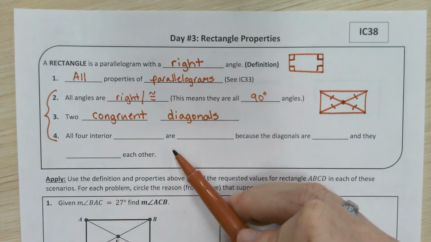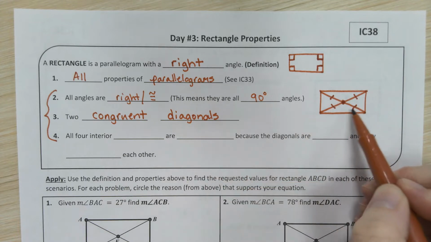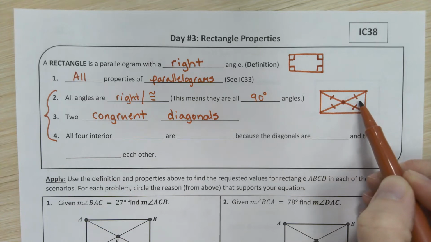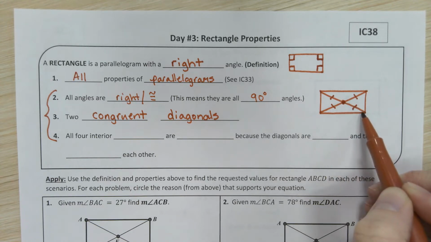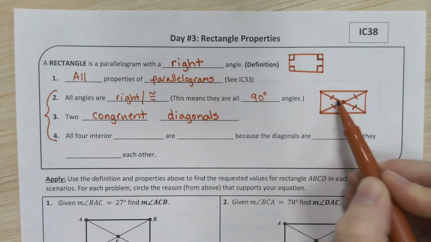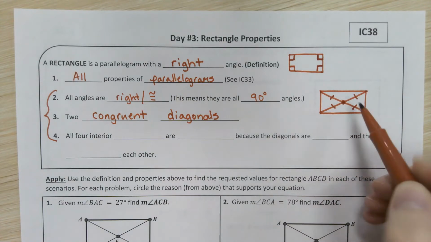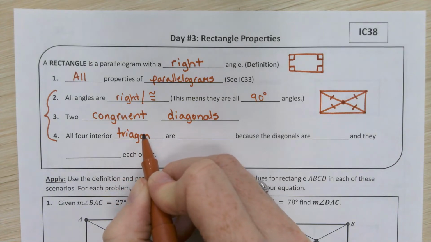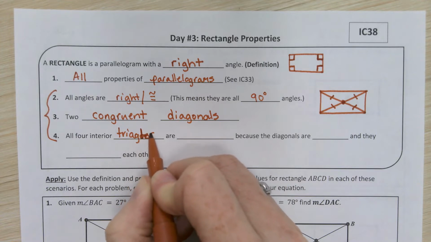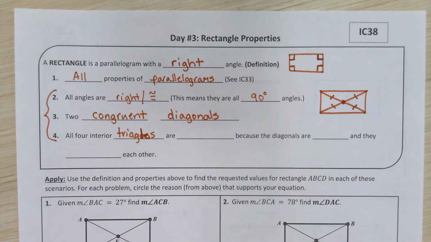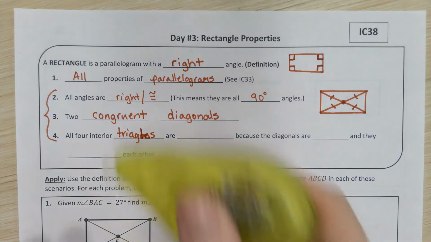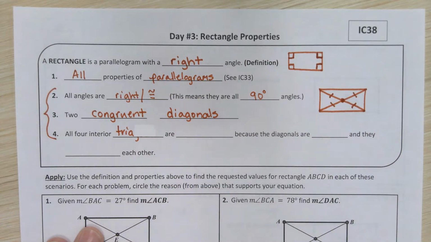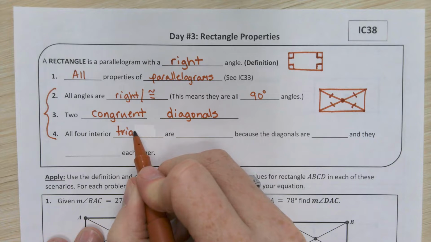That actually leads us to our next property. If all 4 of these segments match, then we have 4 triangles inside this rectangle that end up having 2 congruent sides. So if you think back to what we learned about triangles in Standard 3, we've reviewed it a few other times. When we have a triangle that has 2 congruent sides, that means that it's actually called isosceles.